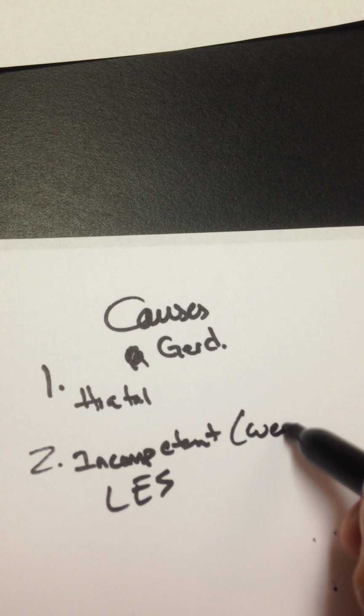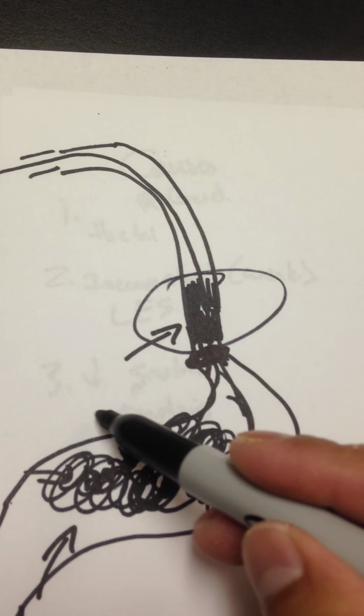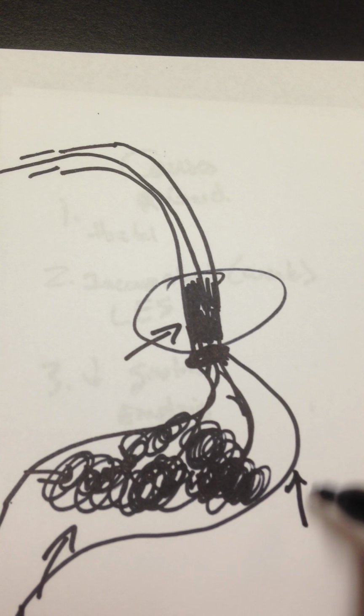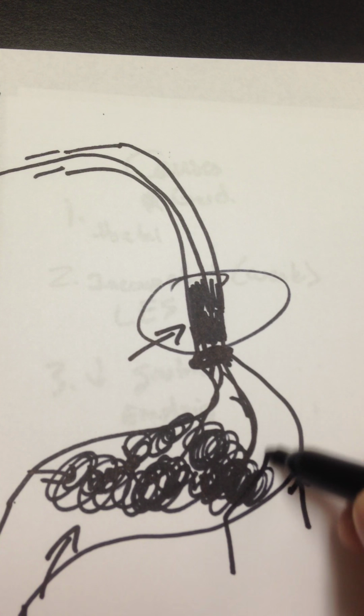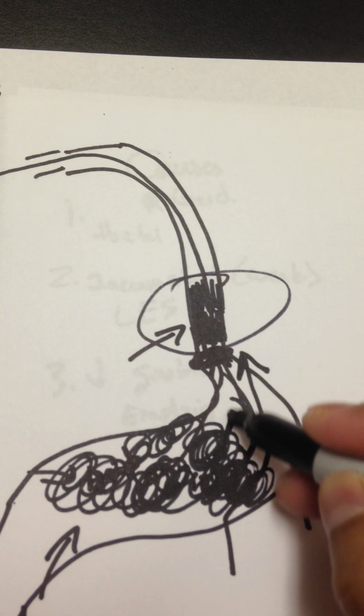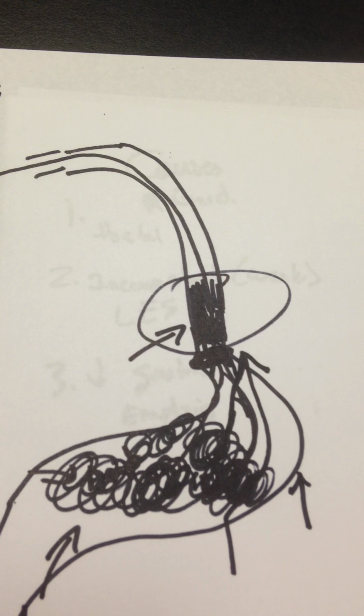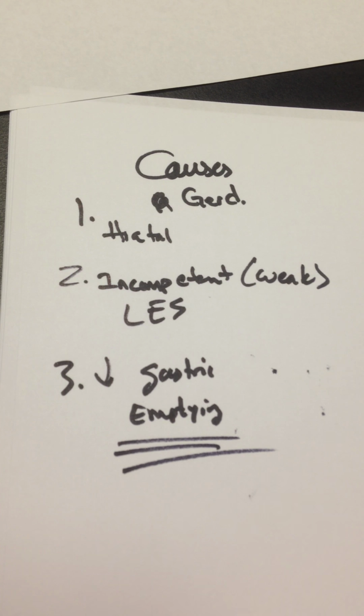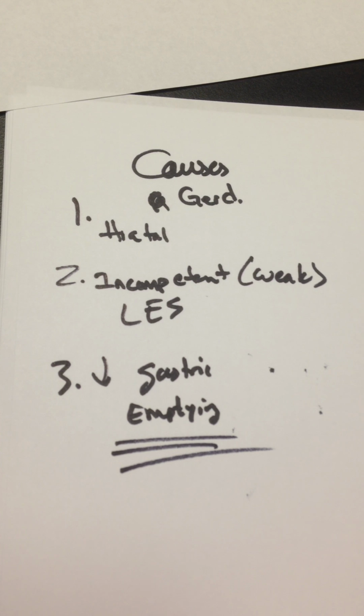You ate, and now you all of a sudden want to do some exercising. Well, what's going to happen is your abdominal pressure is going to increase, and this is going to push again up into that esophagus, and these contents are going to come back into your esophagus. Okay, so again, decreased gastric emptying. That is part of the cause.